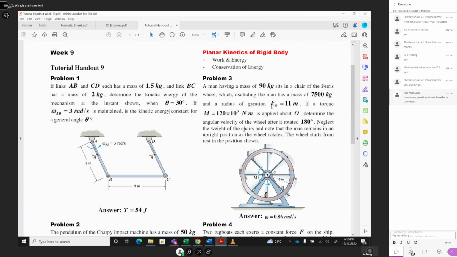We ignore the weight of the chairs. Notice the man remains in the upright position as the wheel rotates. Okay, and the wheel starts from rest in the position shown.